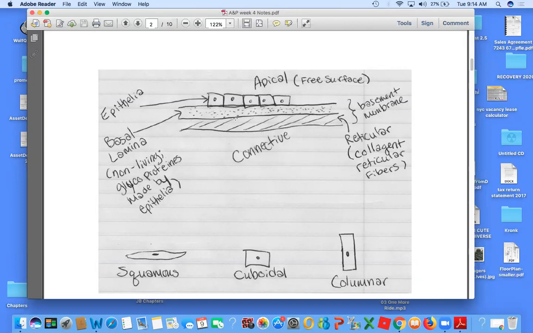And look, I put lines. The lines are really fibers, mostly reticular fibers, maybe some collagen. You don't know what those mean yet, but they're like ropes that hold the epithelial foundation, the basement membrane, to the connective tissue underneath. And so it's all roped together. That's the general structure of how epithelial tissue sits within the body.